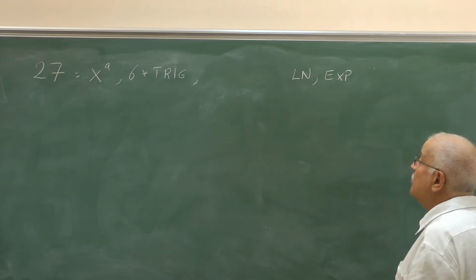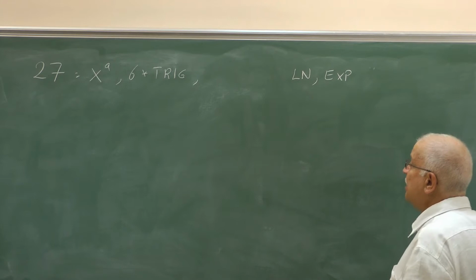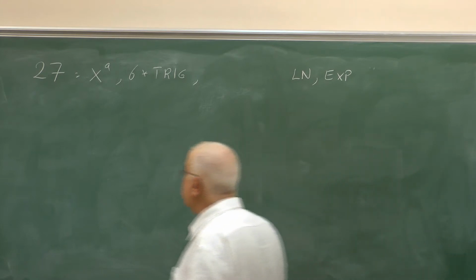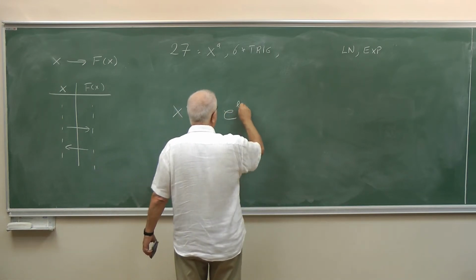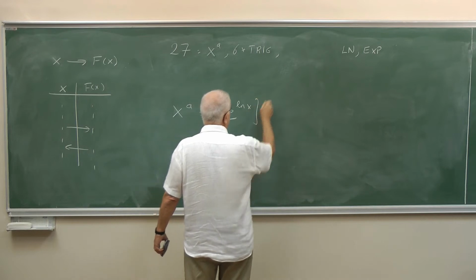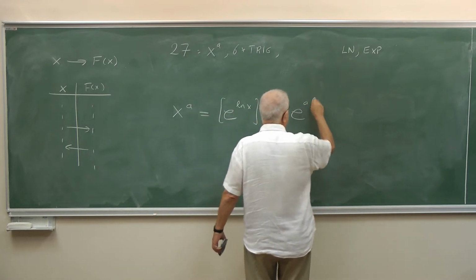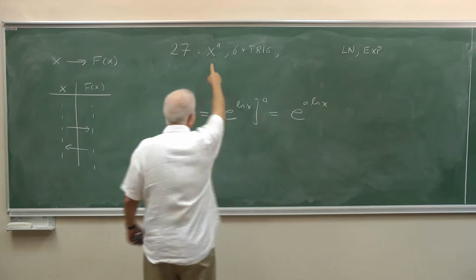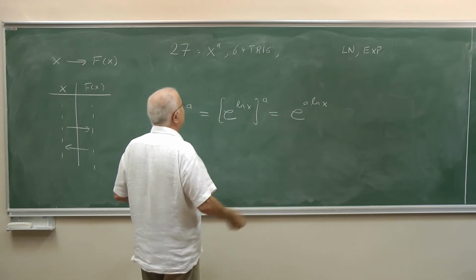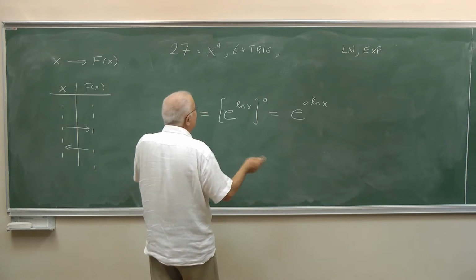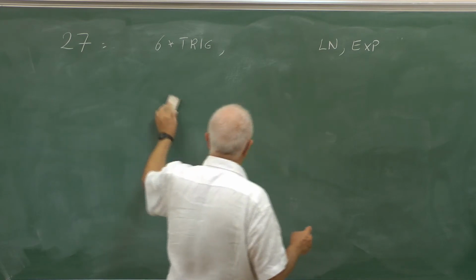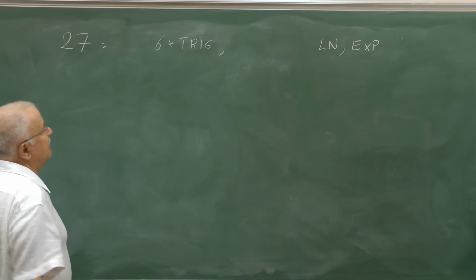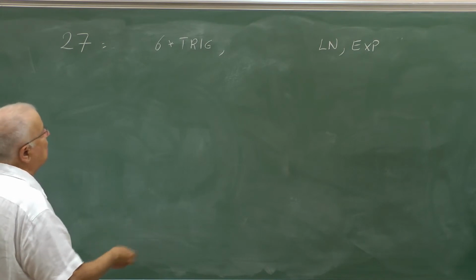And one thing that comes to mind, what is the best way to express the power function? x to the a we can write as e to the ln x to the a power, or e to the a ln x. So the power function is also nothing but the exponential function when it comes to numerical properties. So these go away and we are really simplified into, let us say, 8.